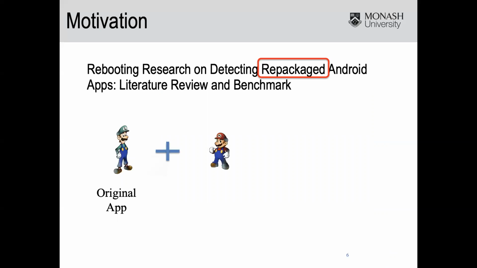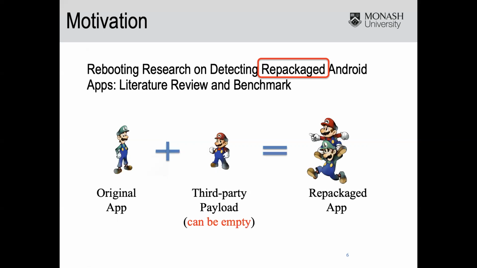And repackaging works by disassembling the original app, adding some third-party payload to it, and then reassembling the app to make a new app version, which is called a repackaged app. And in our context, the third-party payload can even be empty.